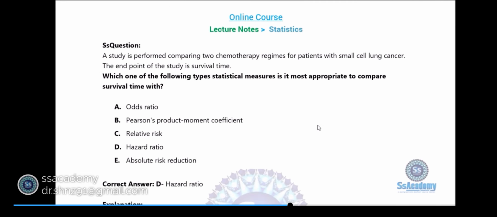Now the question: which one of the following statistical measures is most important to compare survival time? A study is performed comparing two chemotherapy regimens for patients with small cell lung cancer. The endpoint of the study is survival time. So the answer is the hazard ratio.